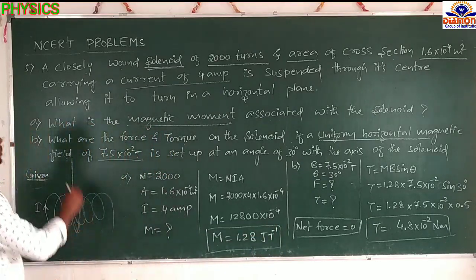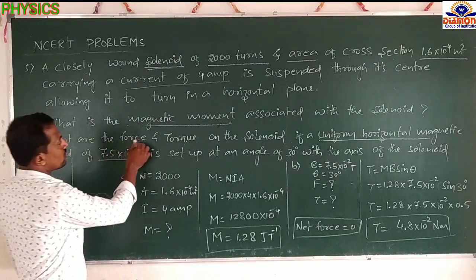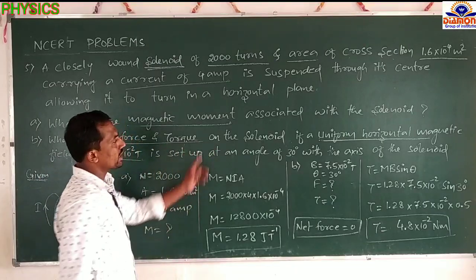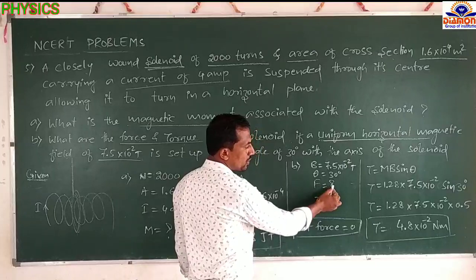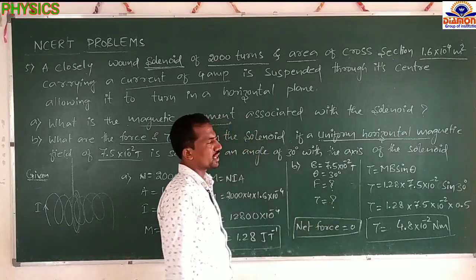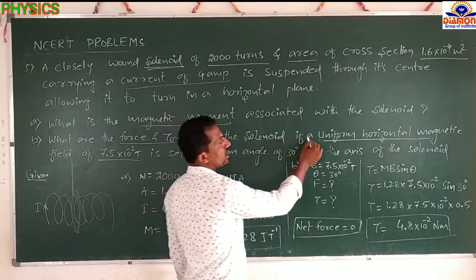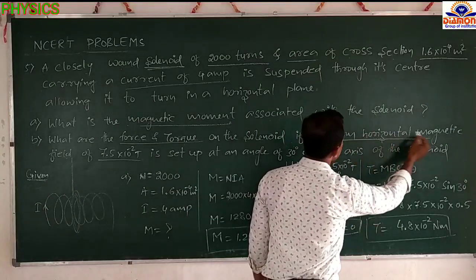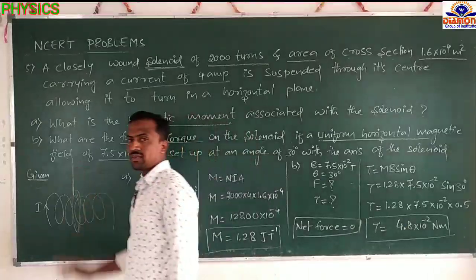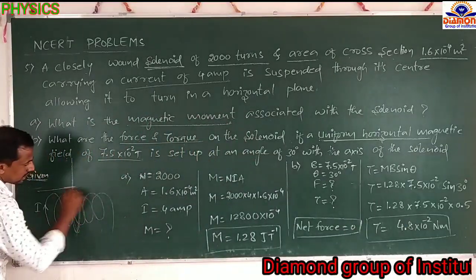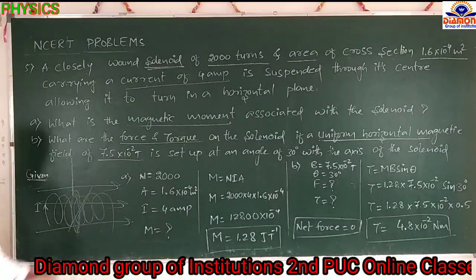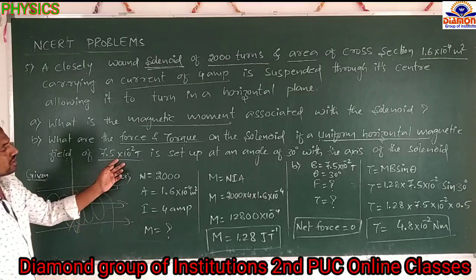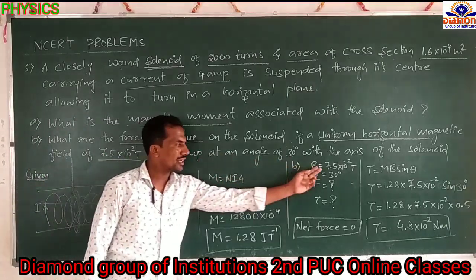Second portion: what is the force and torque acting on the solenoid? What is the force? F equals question mark, tau equals question mark. Acting on a solenoid, if in a horizontal magnetic field, this solenoid is placed in a uniform horizontal magnetic field, and magnetic field means which value is given?